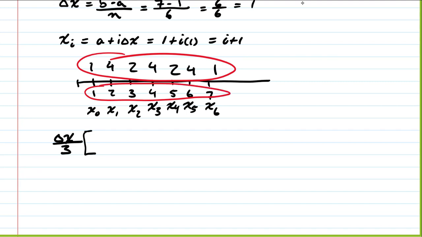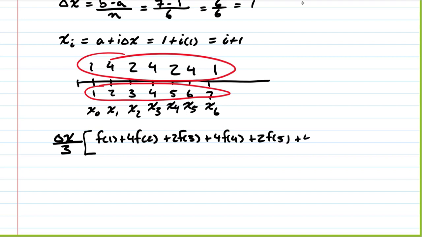So it's going to be f of 1 plus 4 f of 2 plus 2 f of 3 plus 4 f of 4 plus 2 f of 5, 1, 4, 2, 4, 2, oh, I'm on, plus 4 f of 6, finally plus f of 7, right?